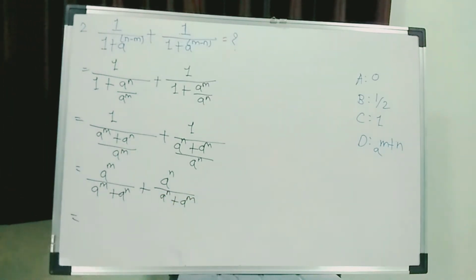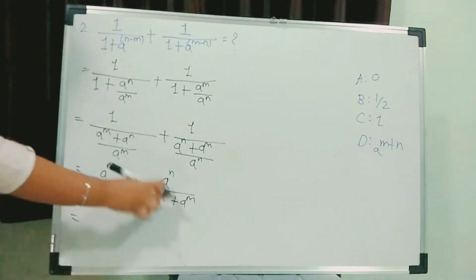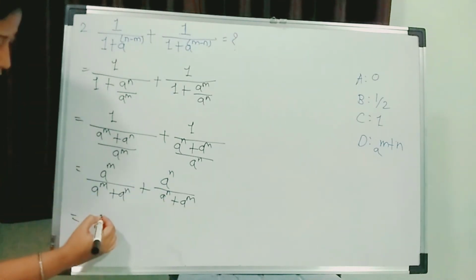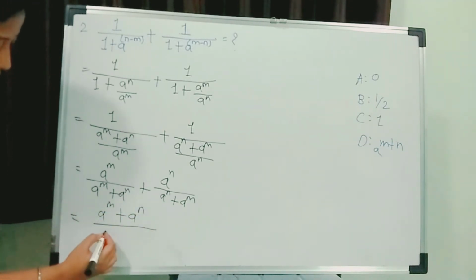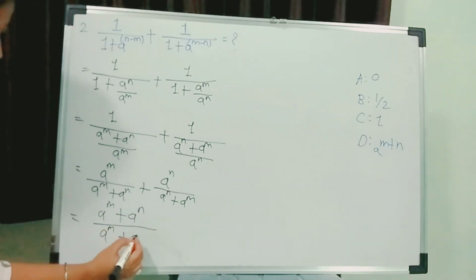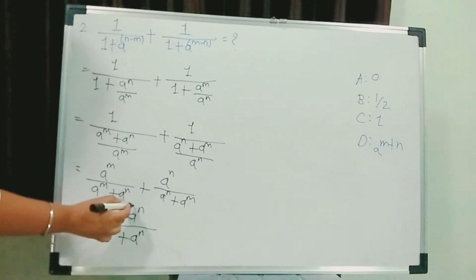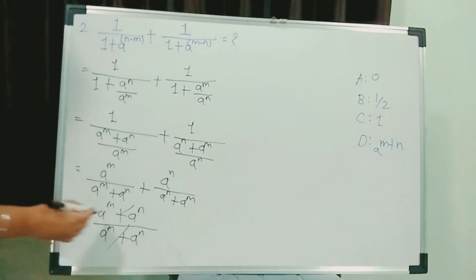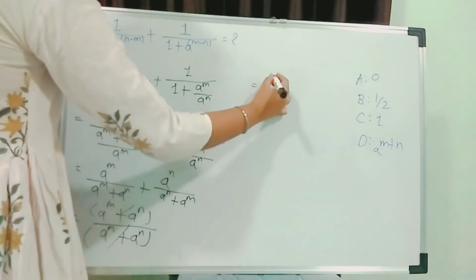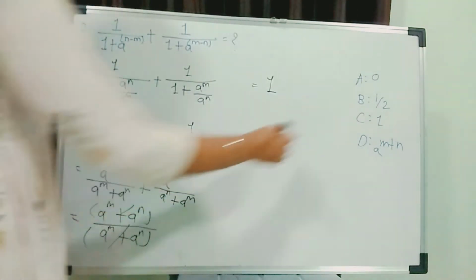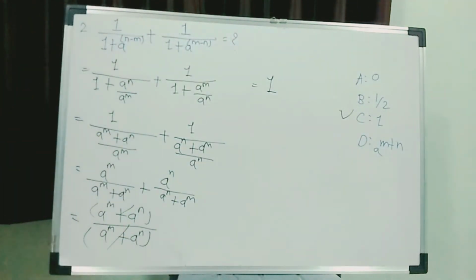Now, can you observe that here the base is the same? So can I write this as a raised to m plus a raised to n upon a raised to m plus a raised to n? So this will cancel. That means the answer is 1, option C.